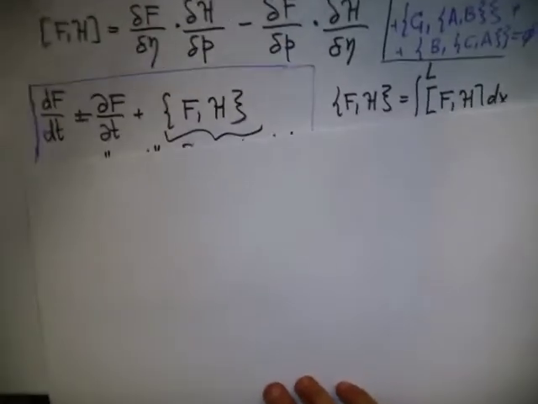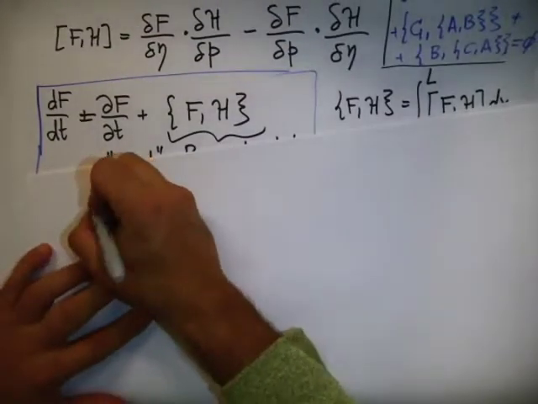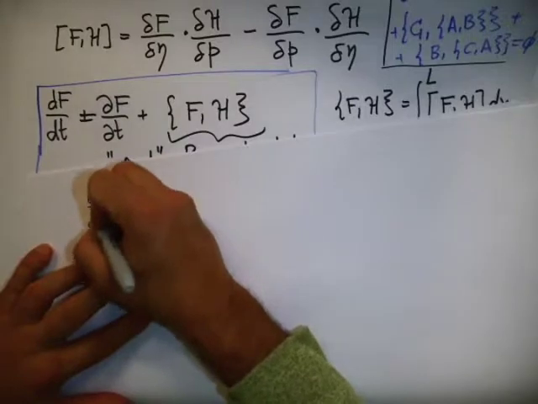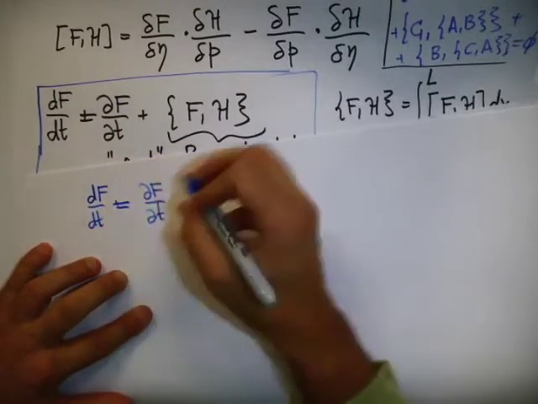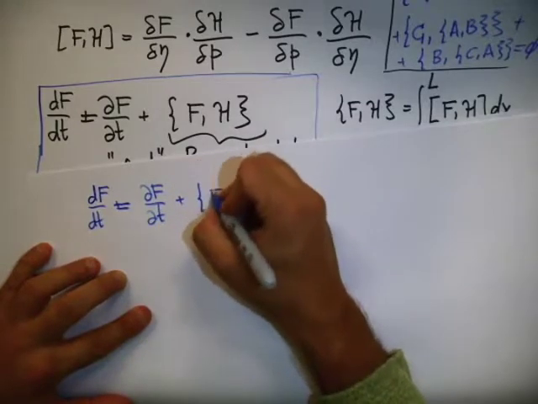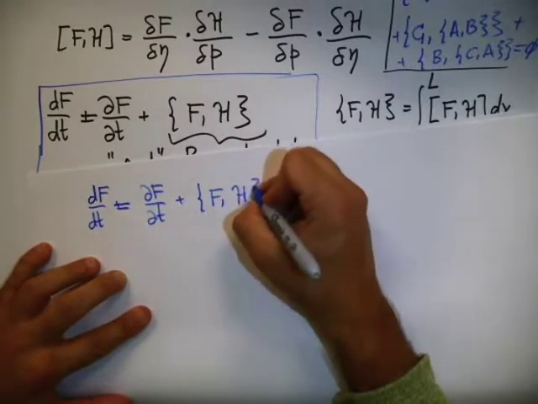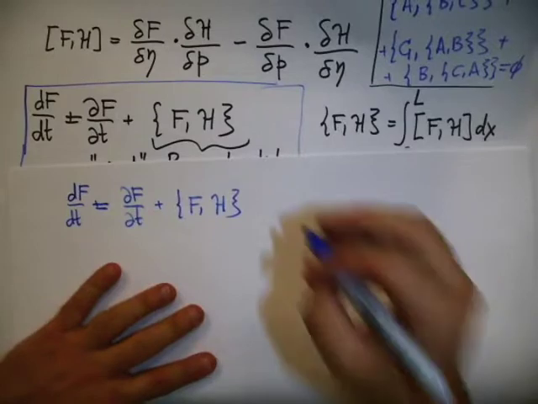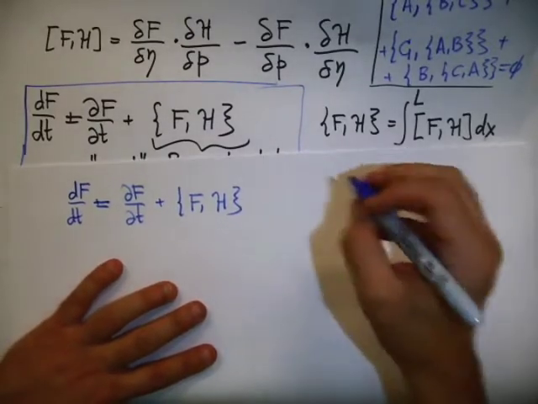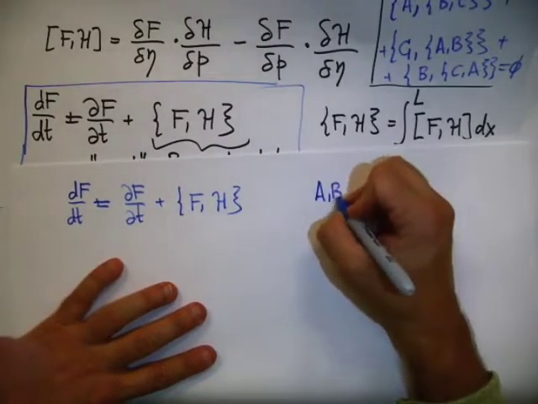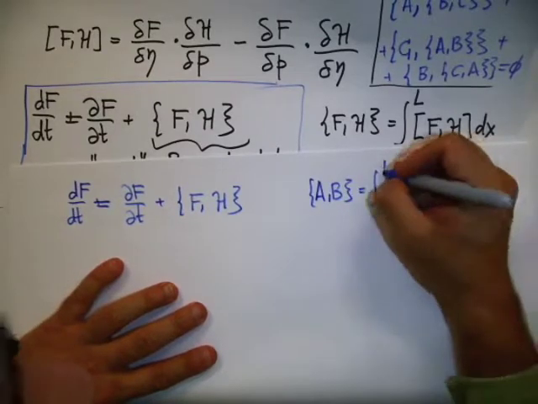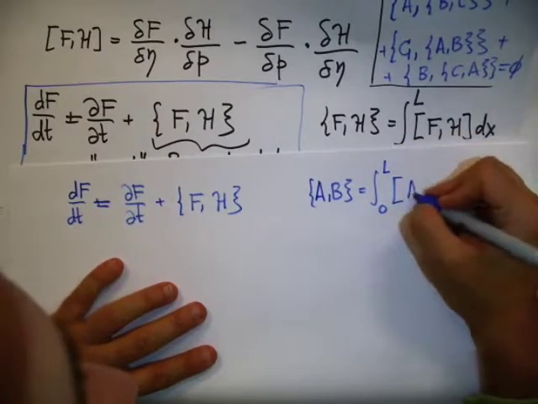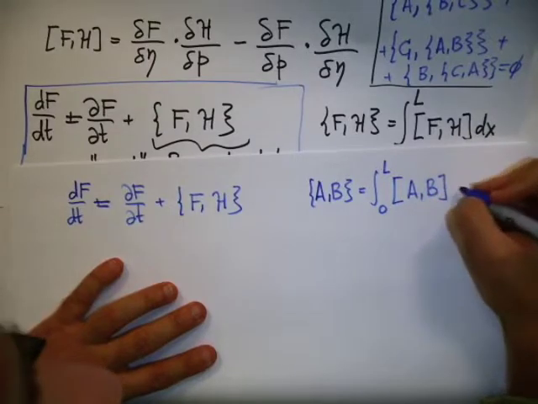So we have these results: the total derivative equals the partial derivative with respect to time plus the Poisson bracket. The Poisson bracket of a and b is given by this functional, in which there appears the commutator between a and b.